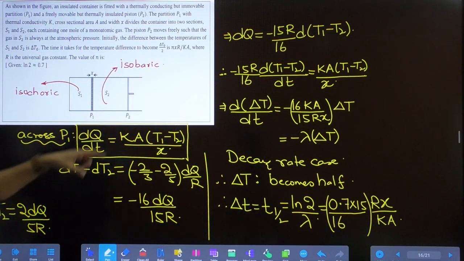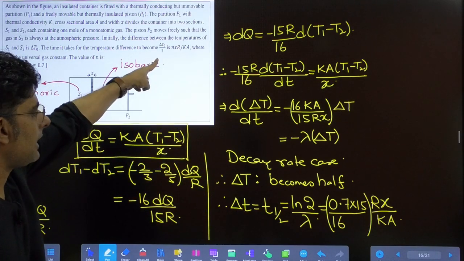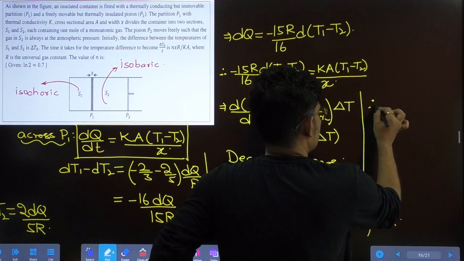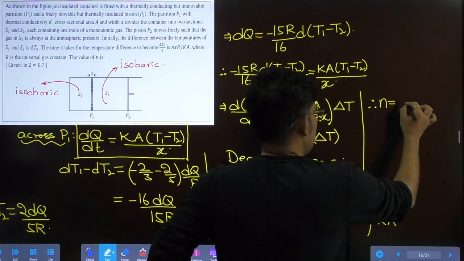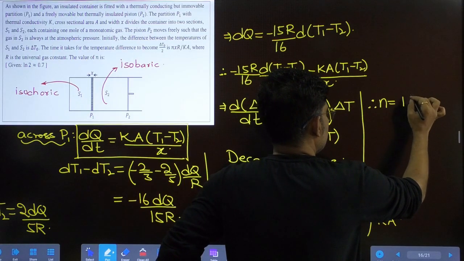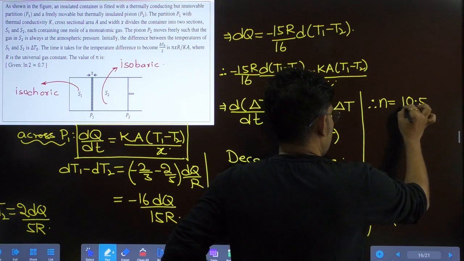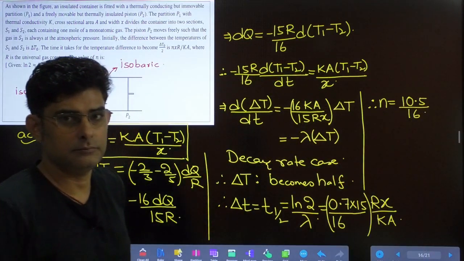So Rx by Ka is as it is, so they are asking the value of N. (15 into 0.7) is 10.5, divided by 16.